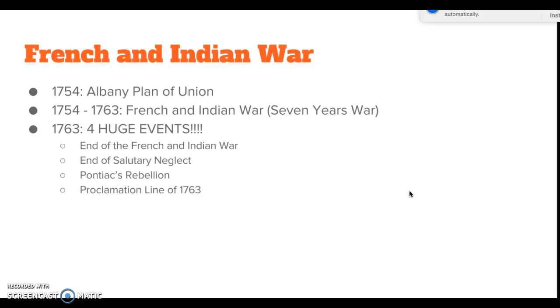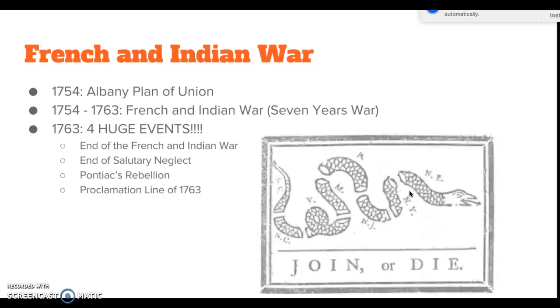So in 1754, the British and the French go to war over the territory of North America. Now, a part of this was the Albany Plan of Union, put together by Ben Franklin.